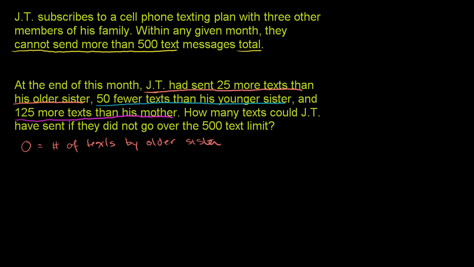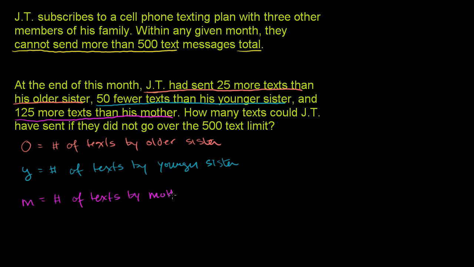Let's say that Y is equal to the number of texts by his younger sister. And then we'll use M. M is equal to the number of texts by his mother. And we'll use J for the number of texts by JT.